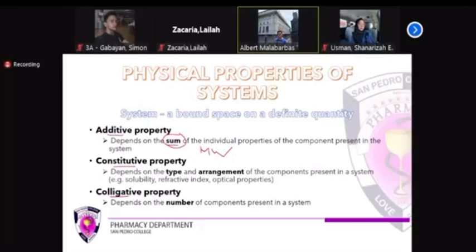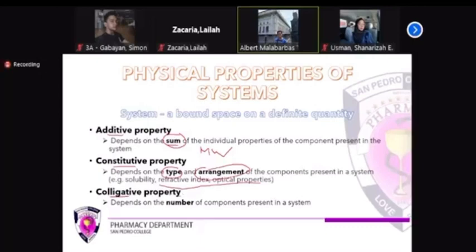Constitutive properties are properties that depend on the type and the arrangement of the components present in a system. Examples of your constitutive properties are refractive index and the optical properties. The last one among the three is your colligative property.